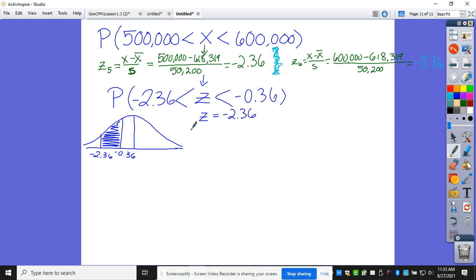When my z is negative 2.36, the area is 0.0091. When my z is negative 0.36, my area is 0.3594. It's between, so I'm doing what with those?